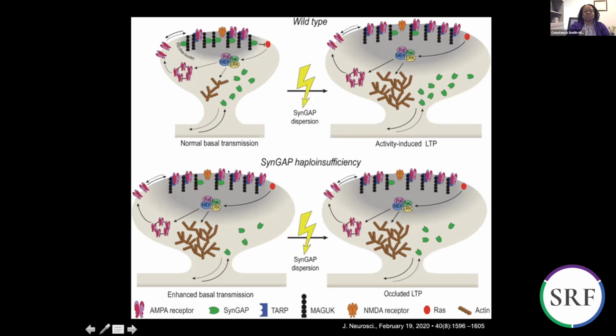When there is reduction in Syngap protein, as in the case of Syngap haploinsufficiency, the basal state of the dendritic spine is very similar to that seen in activity-induced LTP. And it's that enhanced basal state that occludes the possibility of further LTP upon synaptic activity. It is this inability of the neurons to appropriately respond to synaptic activity that we think is contributing to the clinical phenotypes that we see in our patients with SYNGAP1.